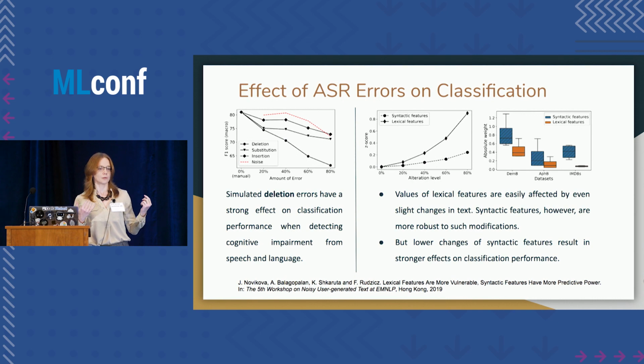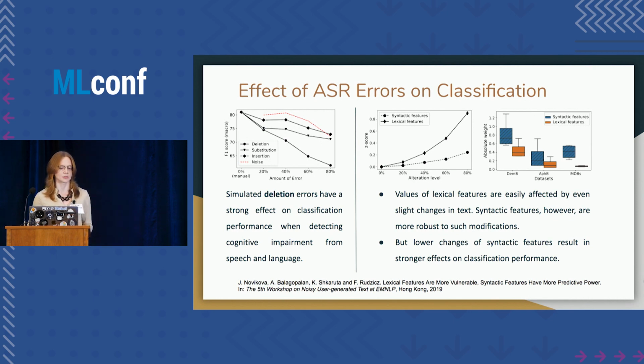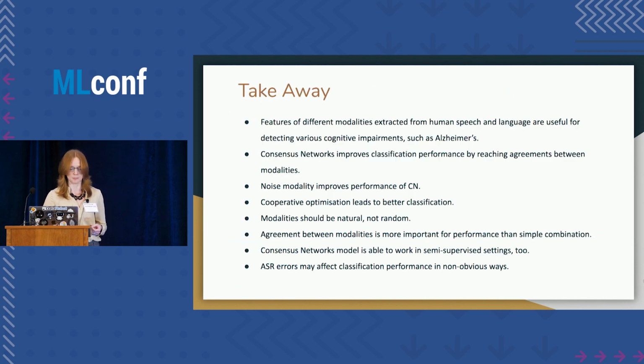From one perspective, it's just deletion errors that affect the performance, and those deletion errors affect the syntactic complexity features the most in terms of classification performance. These are the results that we presented a couple of days ago in Hong Kong at the EMNLP, and if you're interested in more details, you can, of course, read our paper.